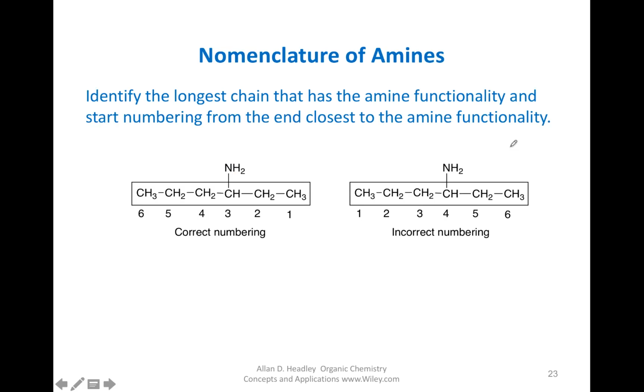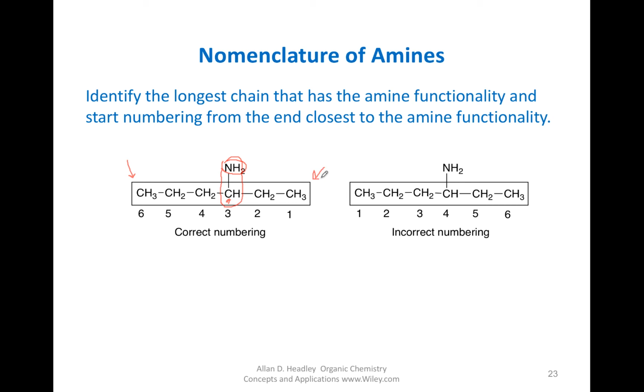Let us look at the nomenclature of amines. Again, here is the amine functionality. Here's a carbon that has the amine functionality. So, we'll have to find the longest chain that has this group in it. We can start at this end, or we can start at this end.